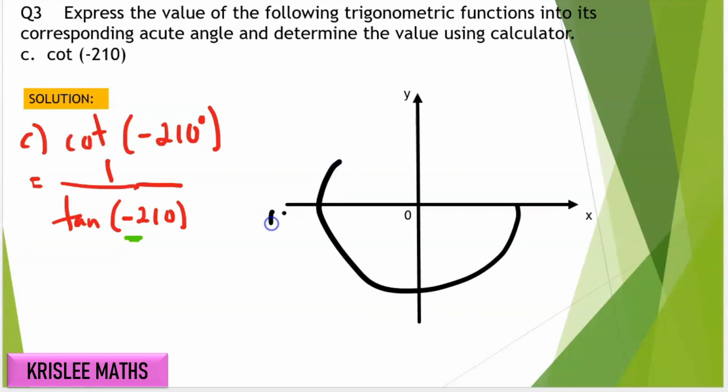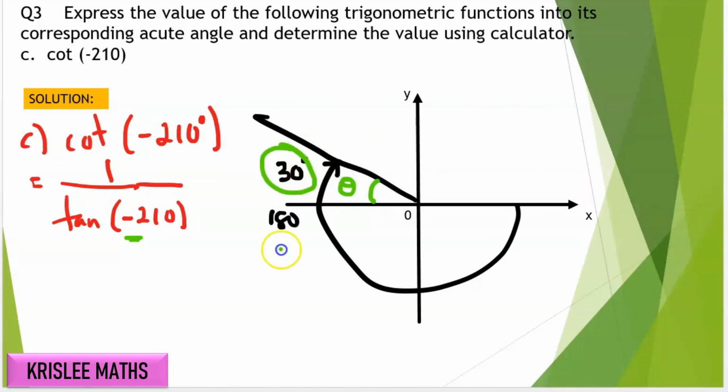Until here it is 180, so next you need to add another 30 degree in order to get a total of 210. Therefore the acute angle here is 30 degree.